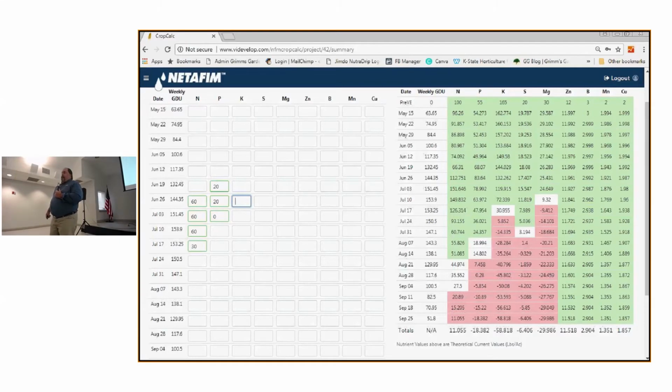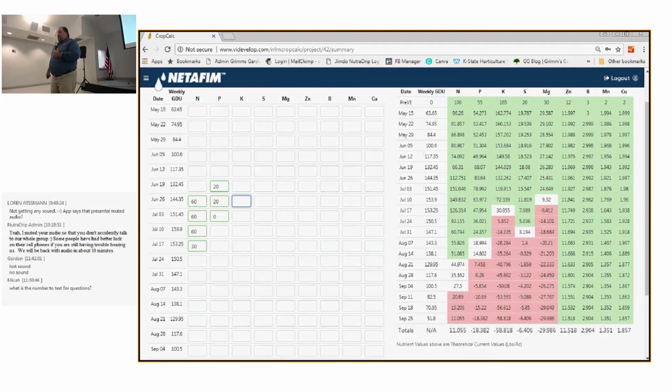The question is, if I get a huge rain event and I have some leaching, does this tool factor that in? And the answer is no. This tool is built purely on the uptake. That's why we're doing tissue sampling.